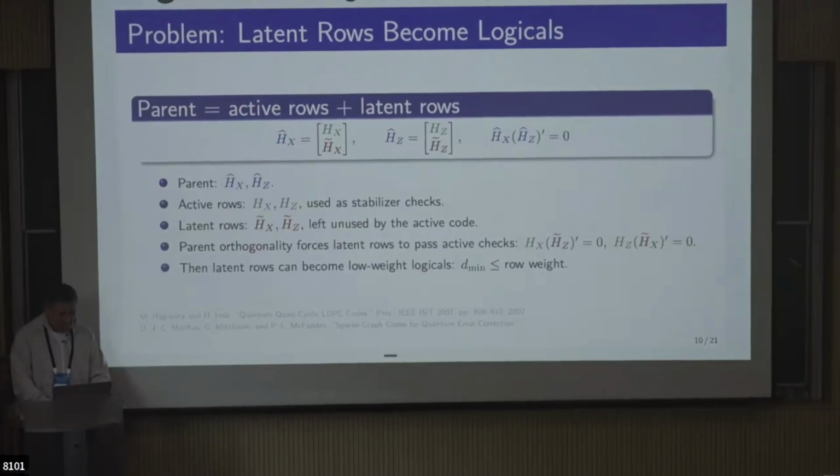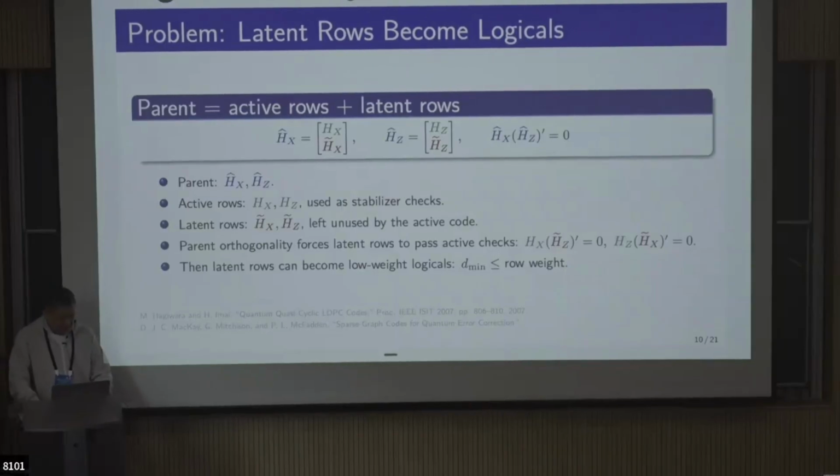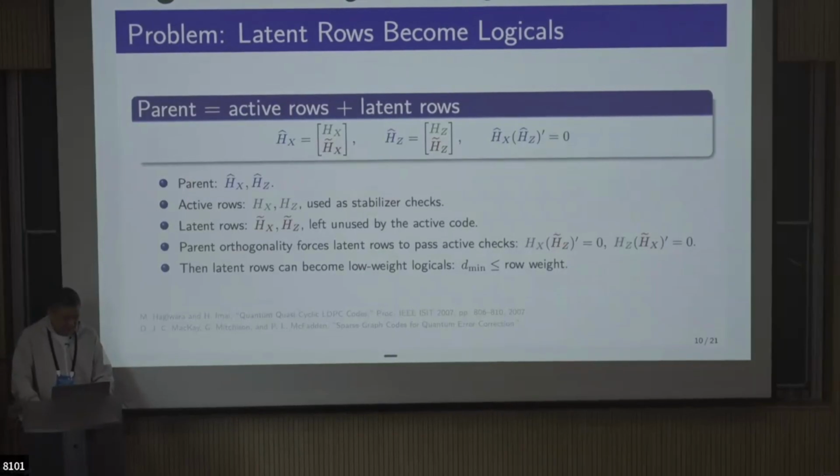The problem is that the latent rows can become logicals. The parent matrices H hat X and H hat Z are split into the active rows and the latent rows.